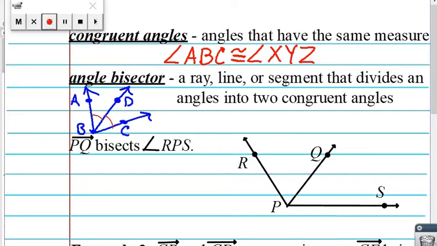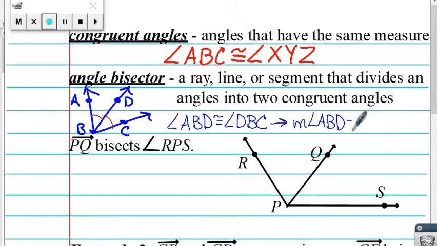So what we could say about this diagram is that angle ABD is congruent to angle DBC, which means that those two angles have the same measure. So the measure of angle ABD is equal to the measure of angle DBC.